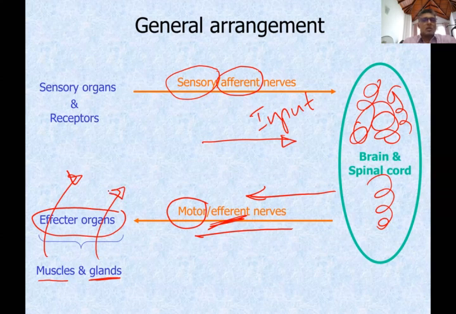So you can't voluntarily secrete from glands, you know that. Okay. So whatever you do, it's just contraction of muscles or secretion from glands, whether it's voluntary or involuntary. So this is the general arrangement of the central nervous system.